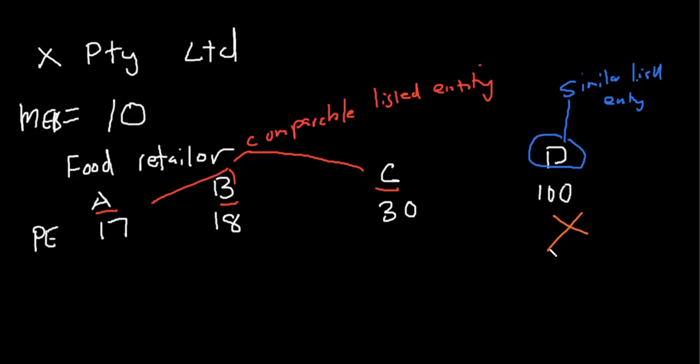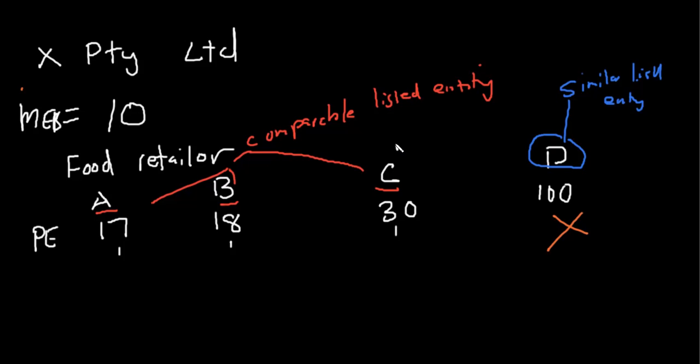And typically in a test, they'll either tell you that these are comparable entities or they'll give you enough information to be able to determine which entities are comparable and which are not. So because we've got three comparable entities, the most common thing here would be to determine an average of these three. However, I hope someone watching here today will be able to pick up there's a problem. Absolutely. If you figured it out, we've got a problem with C. C has an abnormally high PE ratio.